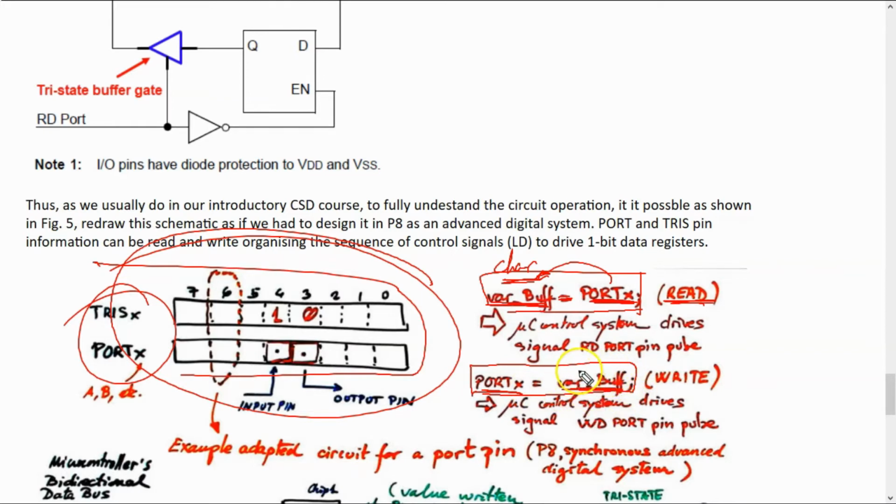So from the data bus, the content of this RAM memory will go through the data bus to the port register and is going to be kept there, written. And by means of the control lines, this value that is kept in the 1-bit memory cell is going to be made available to the pin by controlling the three-state gates. That's it.